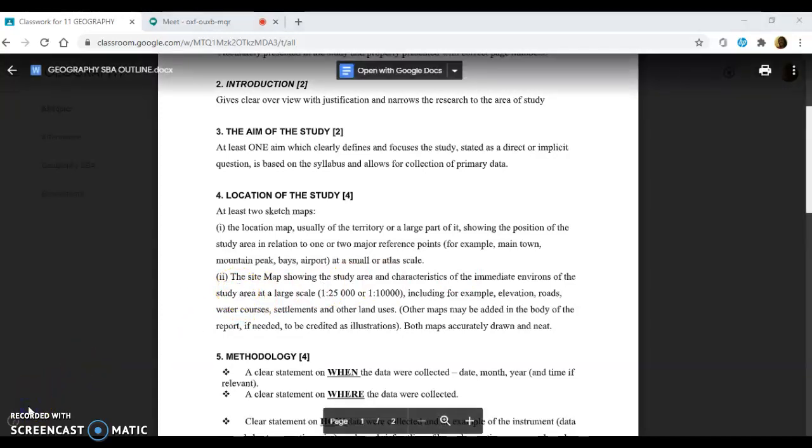Your second map. All right, so we are looking at the location of the study. The second map is called the site map. It will show the specific area that you are studying. So let's say we're in Jamaica, the territory is Jamaica, but we are looking at the cruise ship port in Falmouth.